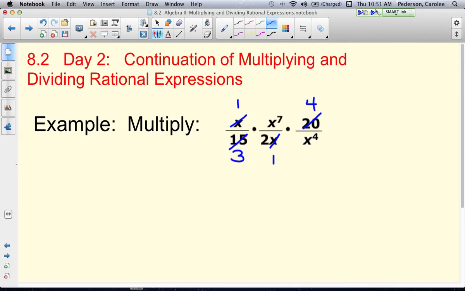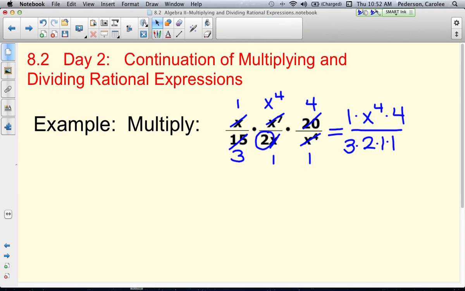Then I still have 7 x's in the numerator and 4 x's in the denominator, so I can take out a total of 4. Come up with x to the 4th there, and then a 1. I'm just going to rewrite what we have. 1 times x to the 4th times 4 over 3 times 2, can't forget this 2, 1 and 1.